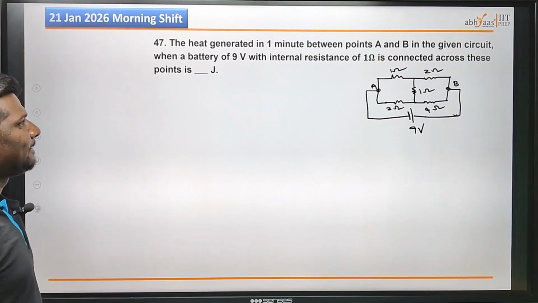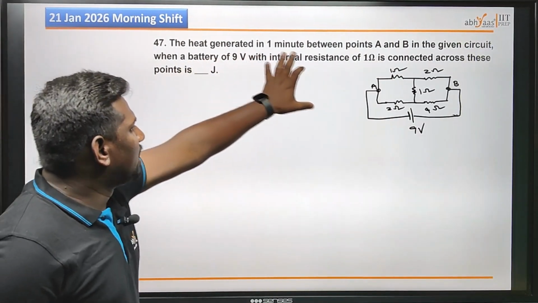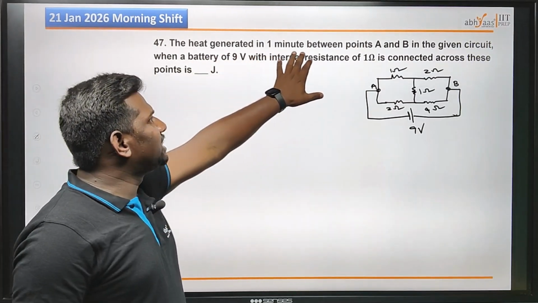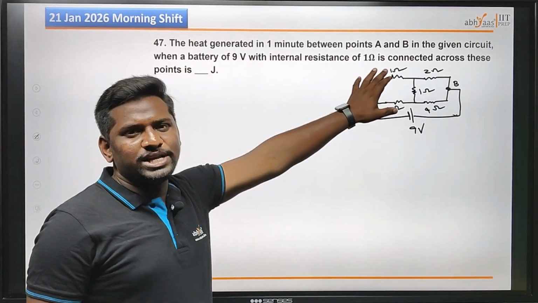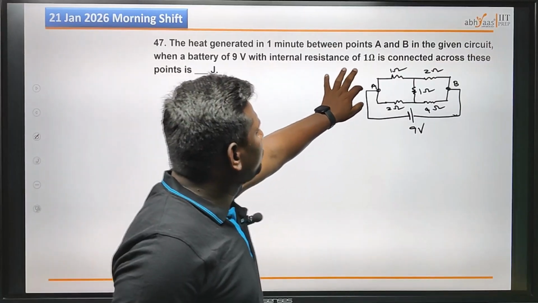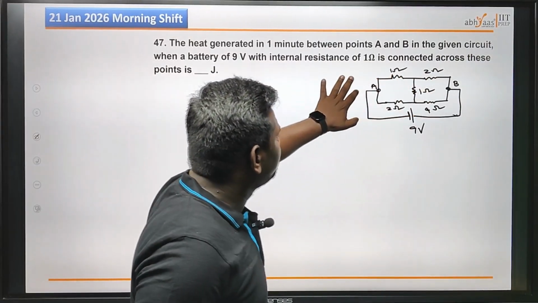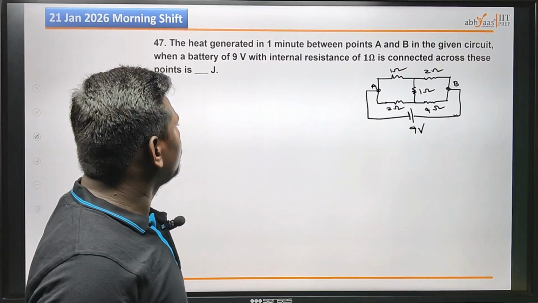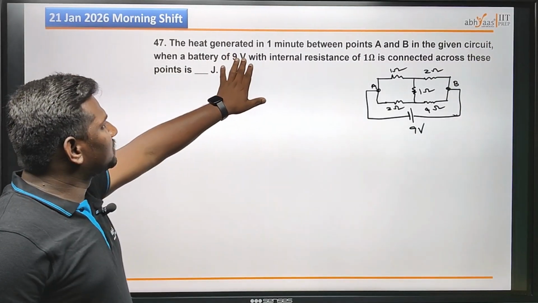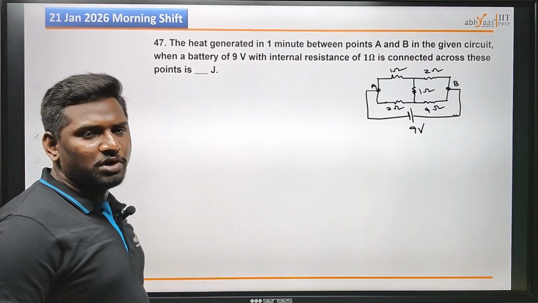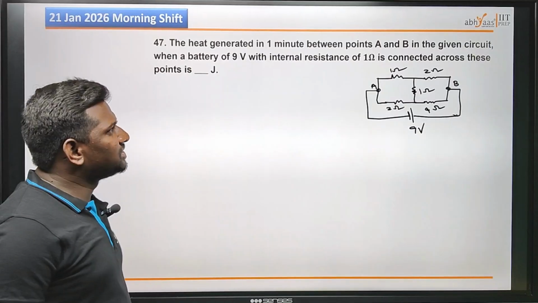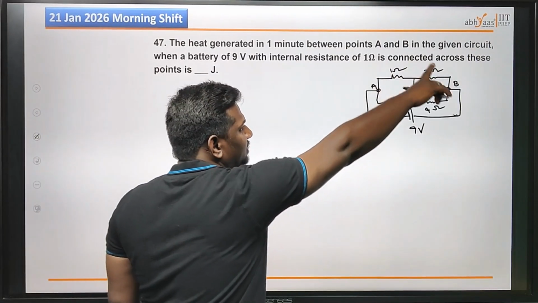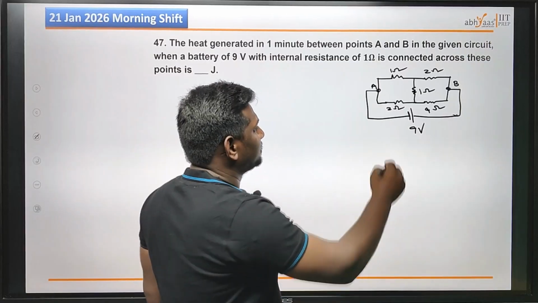So next one, see here. They have given one circuit. The heat generated in 1 minute between point A and B. So the battery is 9 volts, and internal resistance is 1 ohm. If you observe here, this is a Wheatstone bridge.